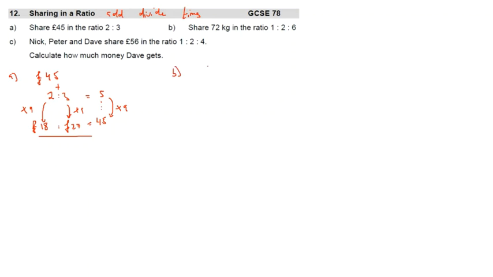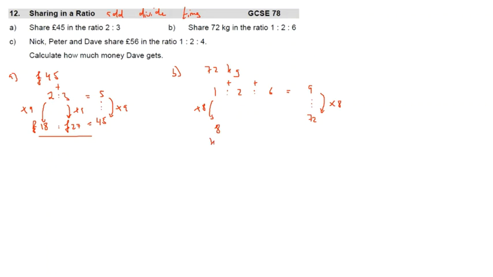In part B, 72 kilograms in the ratio 1 to 2 to 6. So add, divide. There are 8 9s in 72, and now times.